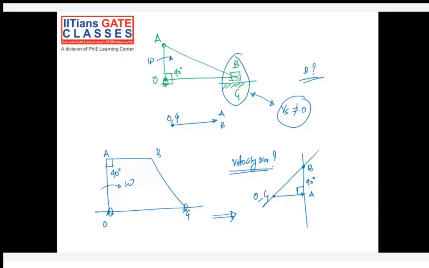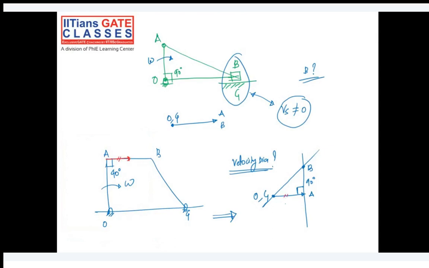Clear? So how I have drawn this velocity diagram: we have points O and G, which are fixed. The velocity of A will be perpendicular to this. I'll use a red pen, and you can clearly see what I have done.